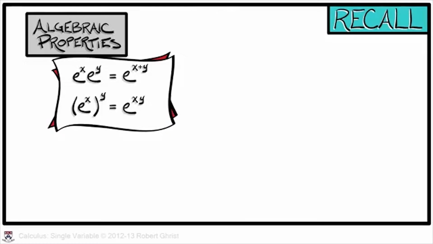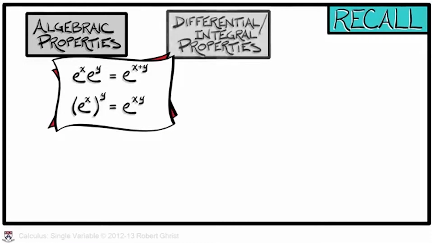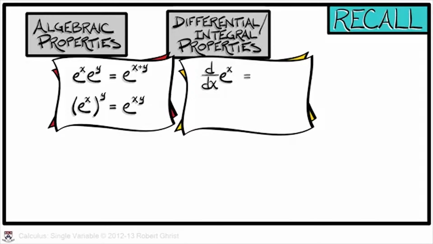Certain algebraic properties are manifest and well known to us. From your prior exposure to calculus, you should have seen some differential and integral properties. e to the x is that remarkable function that is its own derivative, and thus it is its own integral up to the constant of integration.